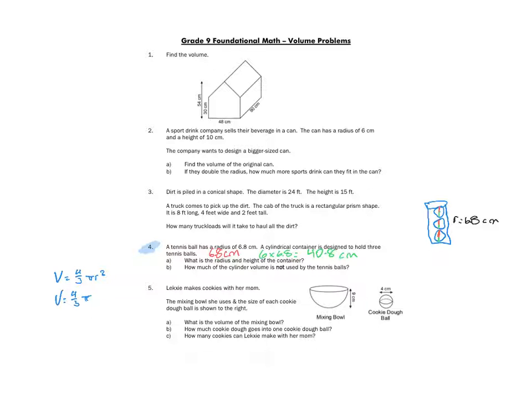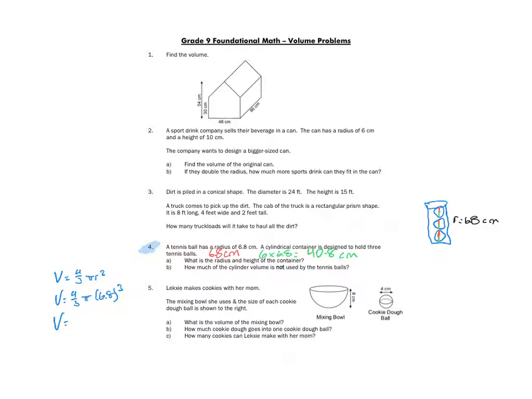And the radius here is 6.8. Now, of course, we are going to use the calculator here. So we're going to find out what 6.8 cubed is, which would be step 1. Then we're going to multiply it by pi, and then by 4 over 3. So how do we multiply by 4 over 3? Well, we multiply it by 4, and then our last step will be dividing by 3.